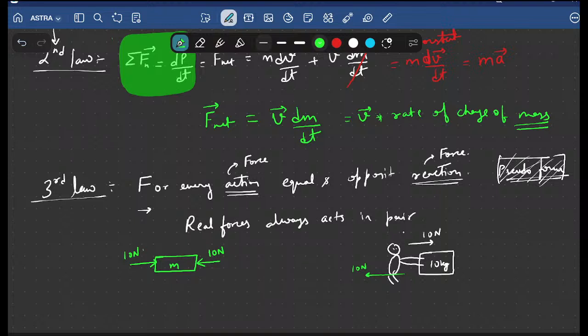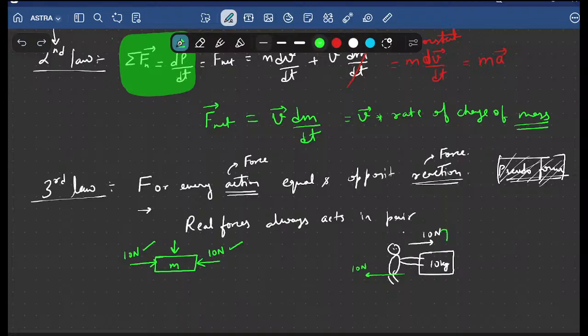Since both forces are equal in magnitude and opposite in direction, they will cancel each other, because they are acting on the same body. But here the 10 newton and 10 newton are not acting on the same body, they are acting on different bodies, and that's why they have different effects.